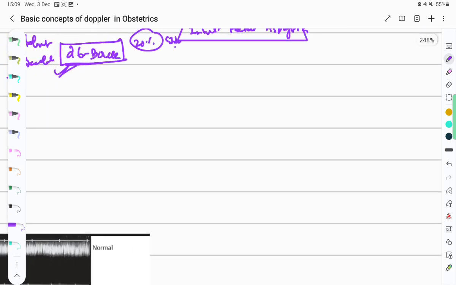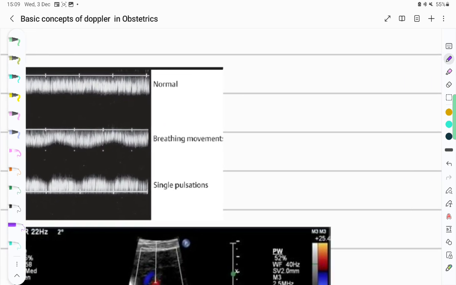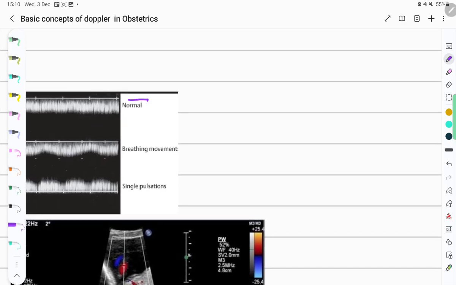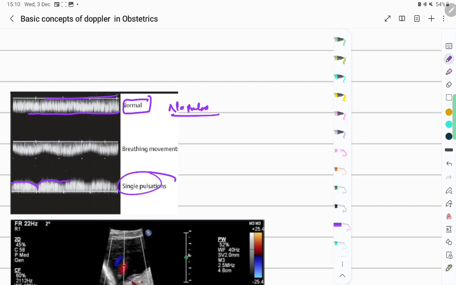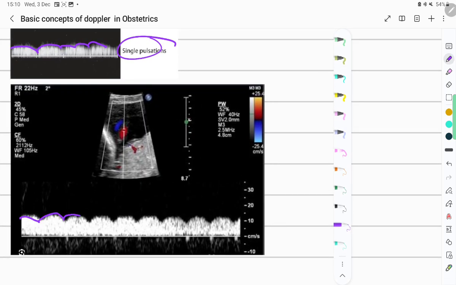Once ductus venosus flow has been hampered, or there is abnormal ductus venosus flow, we will check the umbilical venous flow. Umbilical vein flow is normally uniform, there is no pulsation. There is usually no pulsation in the umbilical vein. If we get pulsation in the umbilical vein, that is a sign of imminent fetal acidosis or fetal asphyxia.